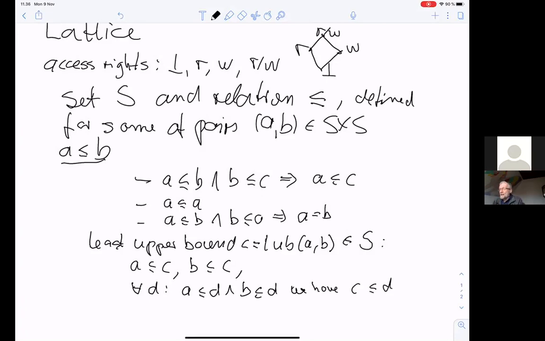So what we're saying here is that there's only one candidate for being the least upper bound. Maybe it helps to draw an example.